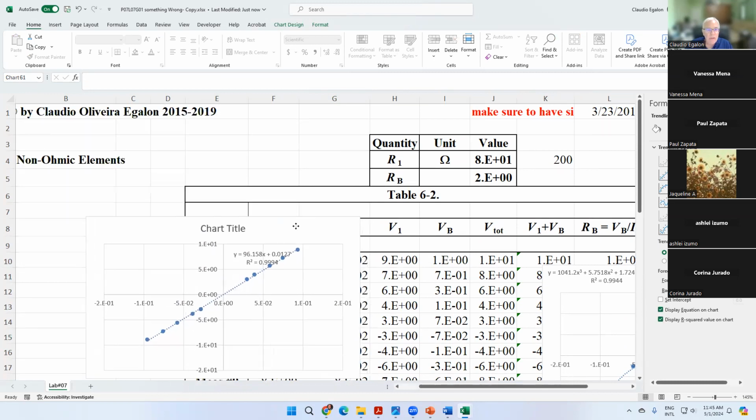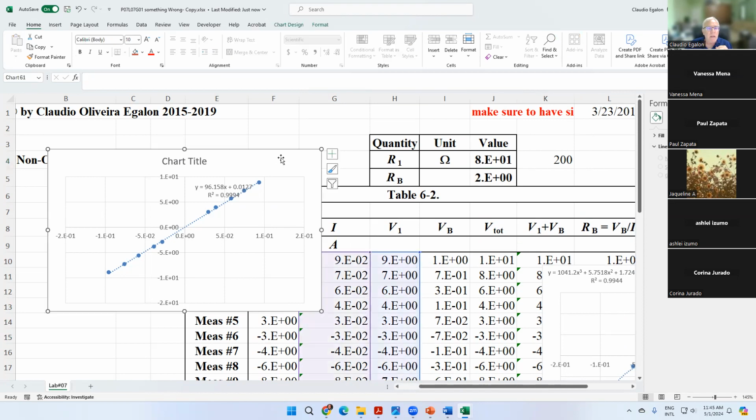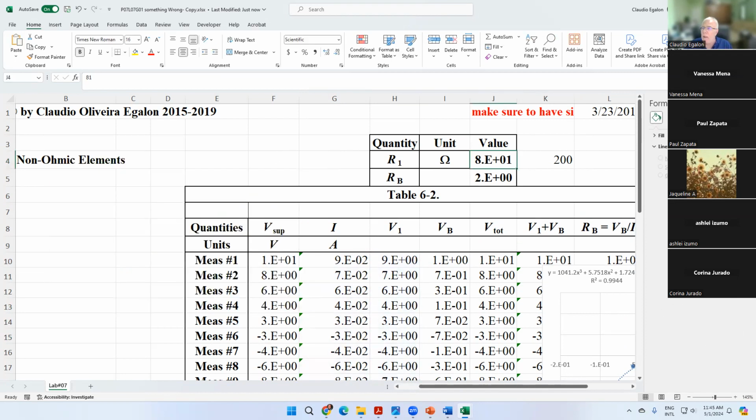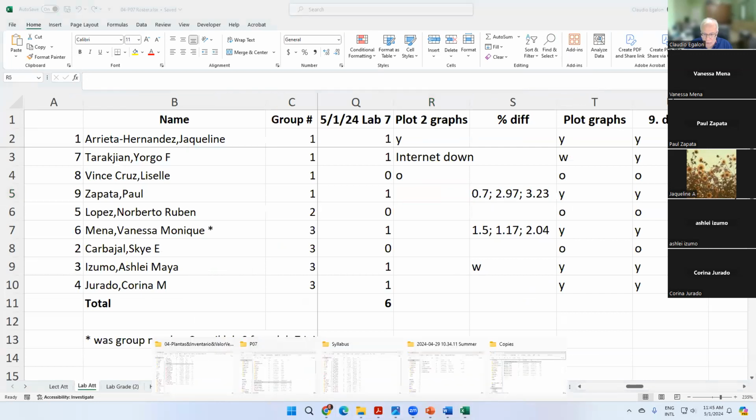I get 96, right? This one is 81. That's a 10%, 15% difference. Most likely that was not the problem. Maybe it's just something else. We're getting a 15% difference. That's too much. Okay, so I'm gonna keep it as something wrong here, and I will upload the other graph for you.